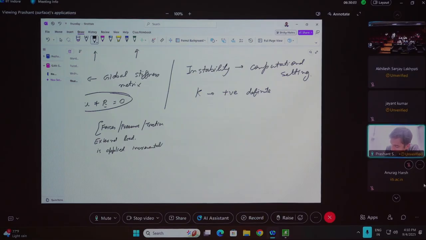It is never applied all at once. So if you're studying, let's say, a body fixed over there, and then a force of P equal to 100 Newton is applied here, find what is the deflection of the body. What you would do, in a non-linear problem, is gradually apply the force, let's say 1 Newton, 2 Newton, 3 Newton, and keep on incrementally changing it. This is what we call your Newton step.